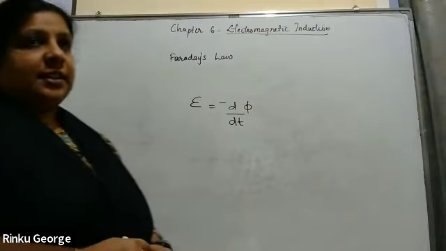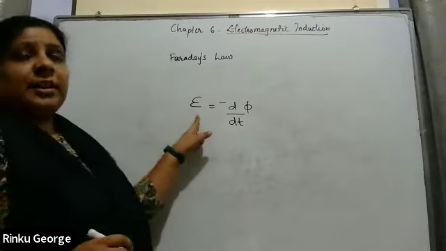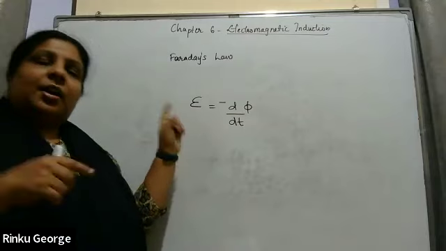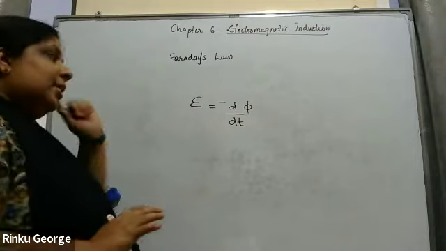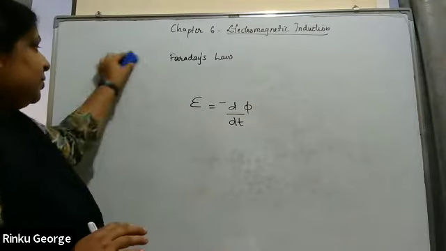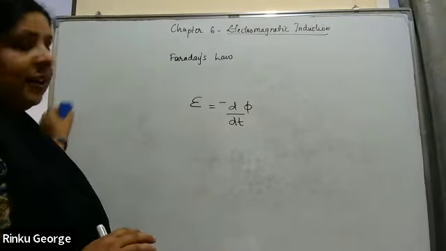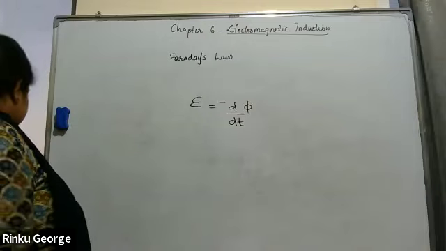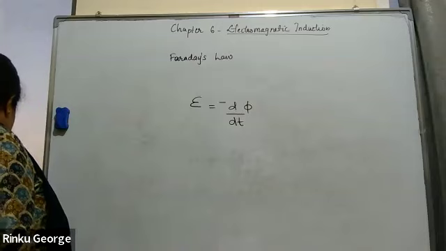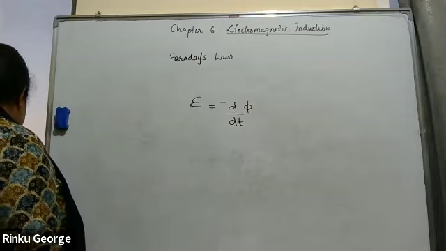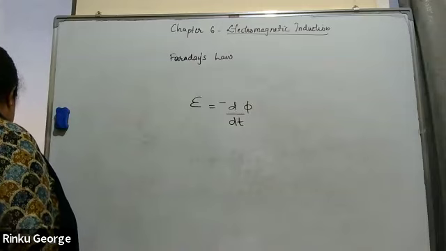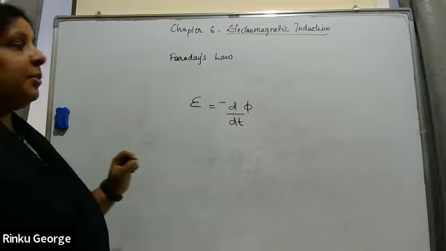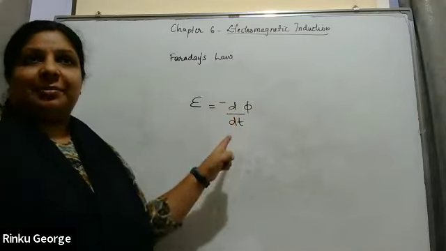In school you took E or small e or capital E, anything is fine. So induced EMF E is equal to minus d phi by dt. If there are n number of turns, n phi will come, right?